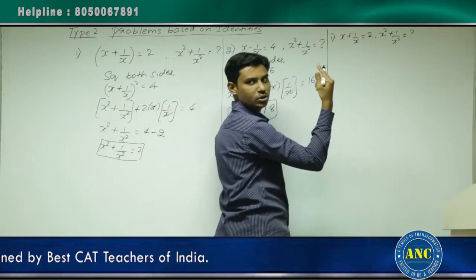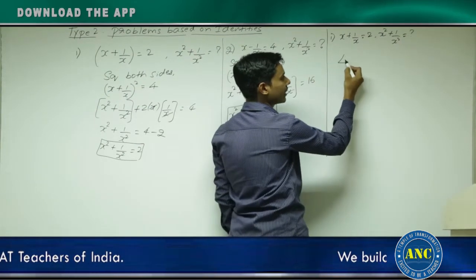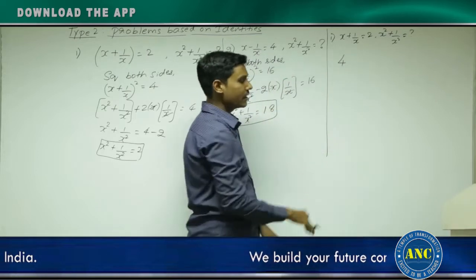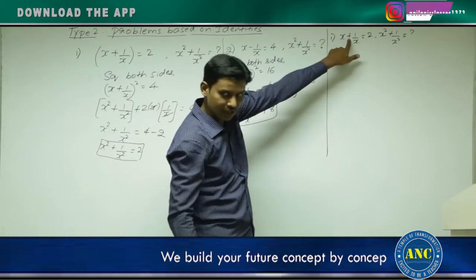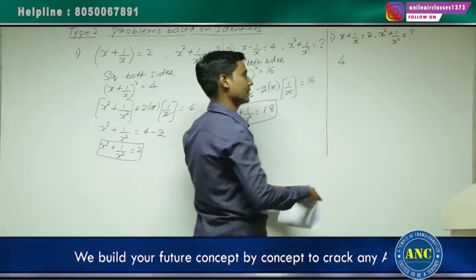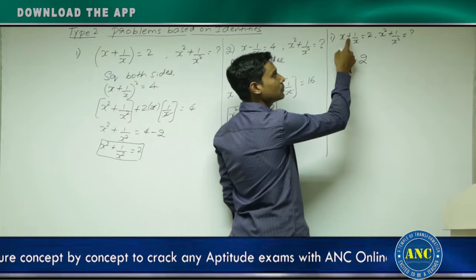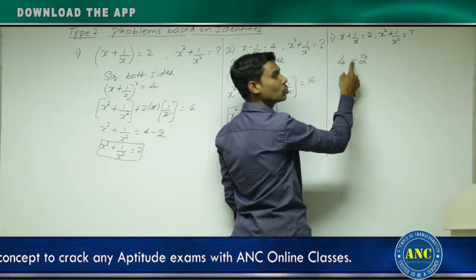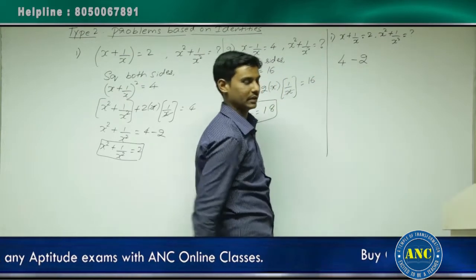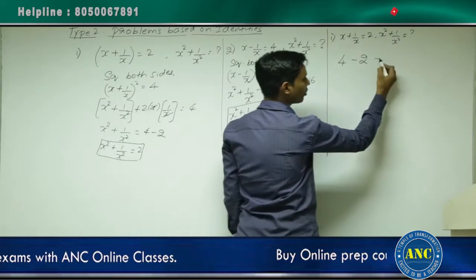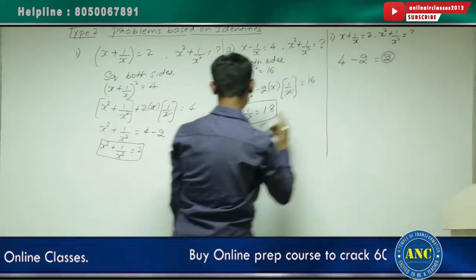What is the right hand side square? 2 square is 4. Write down 4. If the question consists of plus here, you subtract 2. That means if it is plus in the given data, you should do the reverse of plus, that is nothing but minus. Subtract 2. What is 4 minus 2? 2. That is what you got in here also.